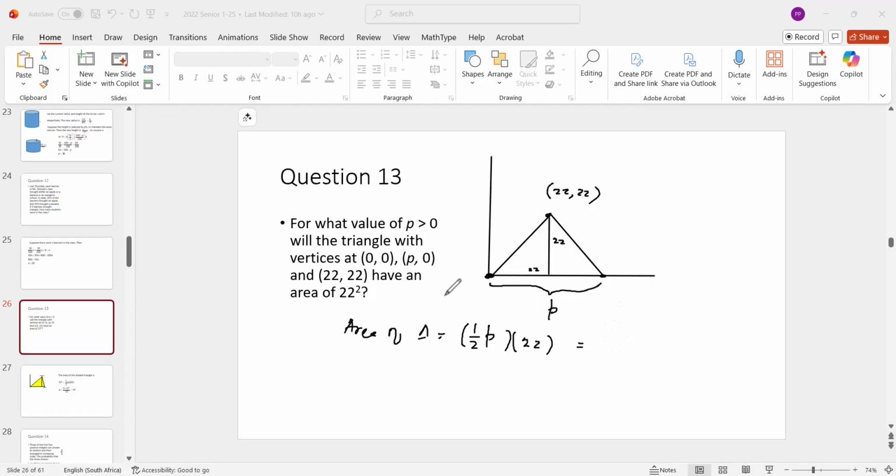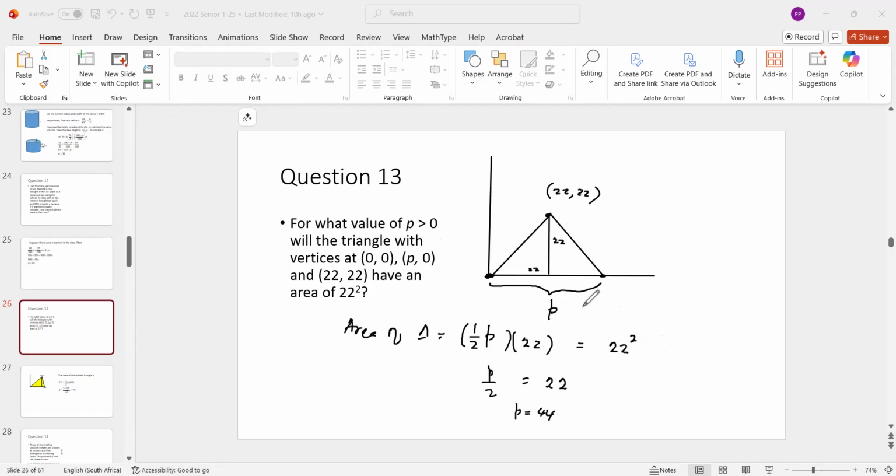And they say the area is 22 squared. Okay, that's very nice because then you can cancel the 22s. So you get p over 2 here. Take off one of these 22s. And you have 22 there. So p is equal to 44.